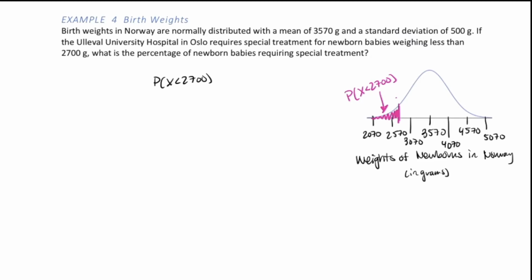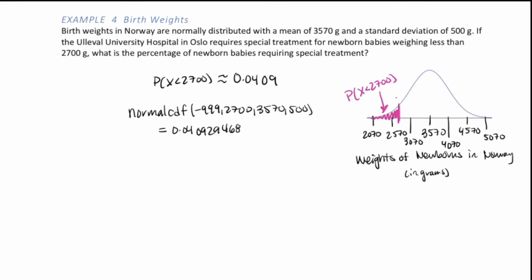And we will use normal CDF on our calculators. To get, so about, as a percent, that's, so the percentage of newborn babies requiring special treatment is about 4%.